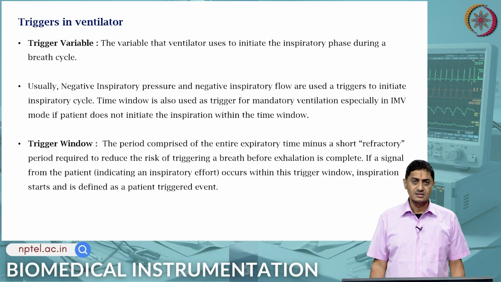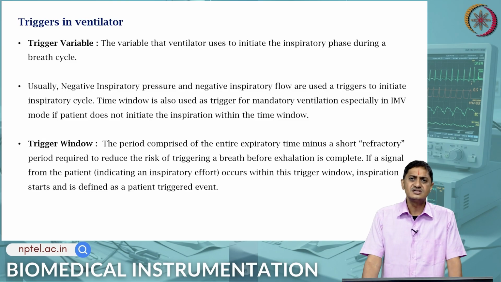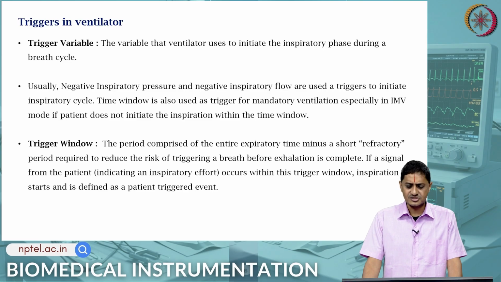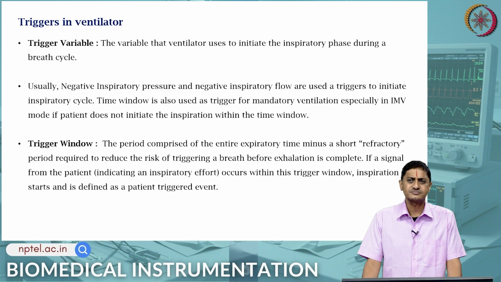Then, what are the triggers that may be used in ventilators? The trigger variable is used to initiate the inspiratory phase during the breath cycle. If negative inspiratory pressure and negative inspiratory flow are present, these are used as triggers to initiate the inspiratory cycle.